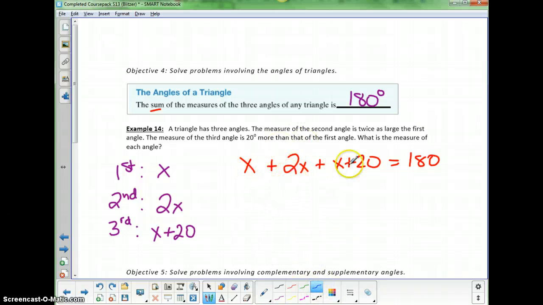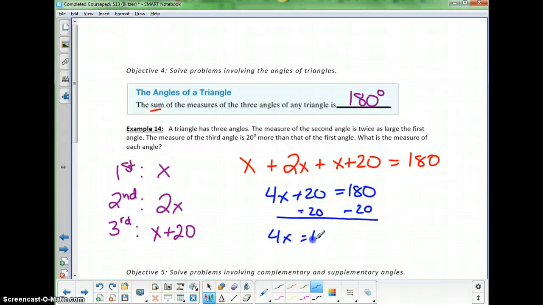X plus 2x plus x, it's going to be 4x altogether, plus 20 equals 180. So if I subtract 20 from both sides, 4x equals 160. Divide by 4. X equals 40.